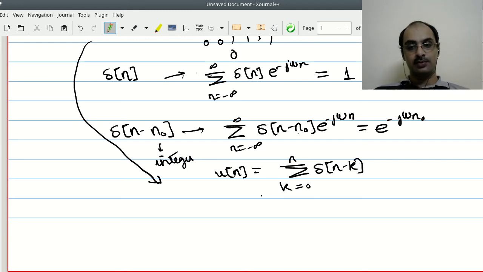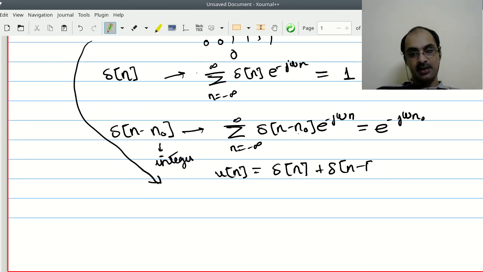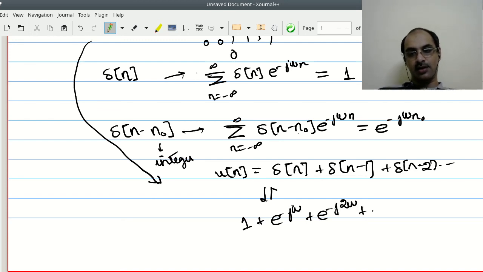So u n is delta n plus delta n minus 1 plus delta n minus 2 and so on, which means the DTFT is going to be 1 plus e power minus j omega plus e power minus j 2 omega and so on.